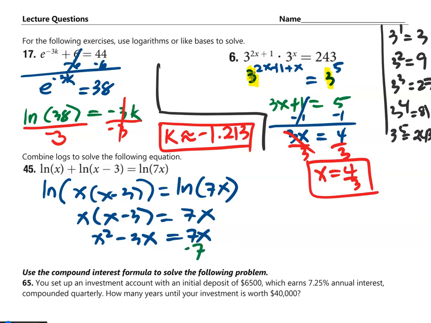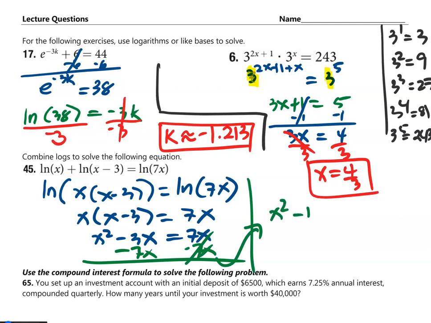If I subtract 7x from both sides, that's going to be x squared minus 10x is equal to 0. I can factor out x, and x times x minus 10 is equal to 0.